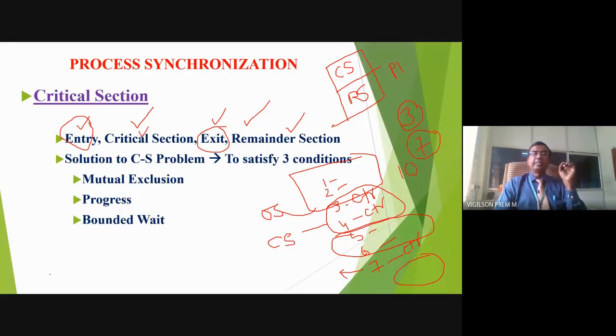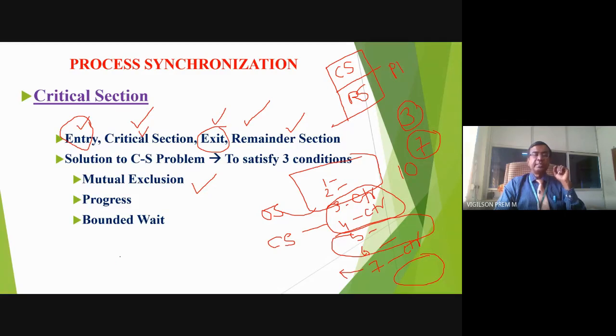So this solution should satisfy three conditions. Then only we can say that the counter value is safe for both the producer and the consumer process. What are the three conditions to be satisfied for the critical section problem? One is mutual exclusion. What do you mean by mutual exclusion?